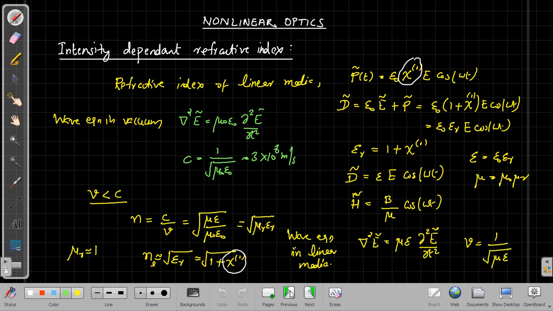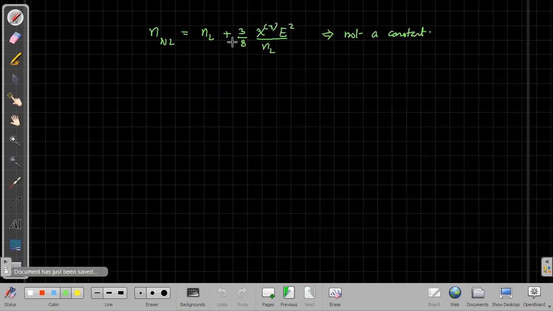So the refractive index will be a fixed value for a material. For example, for water, the refractive index is 1.33, and for glass it will be around 1.5. Different glasses may have different refractive indices, but one particular glass will have a constant refractive index. Whereas for a nonlinear medium, the refractive index is not a constant; it is a function of E square.